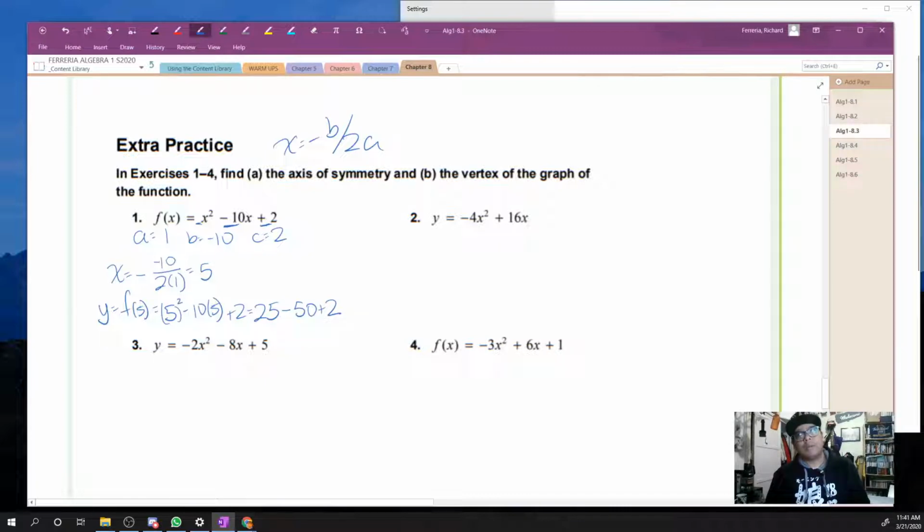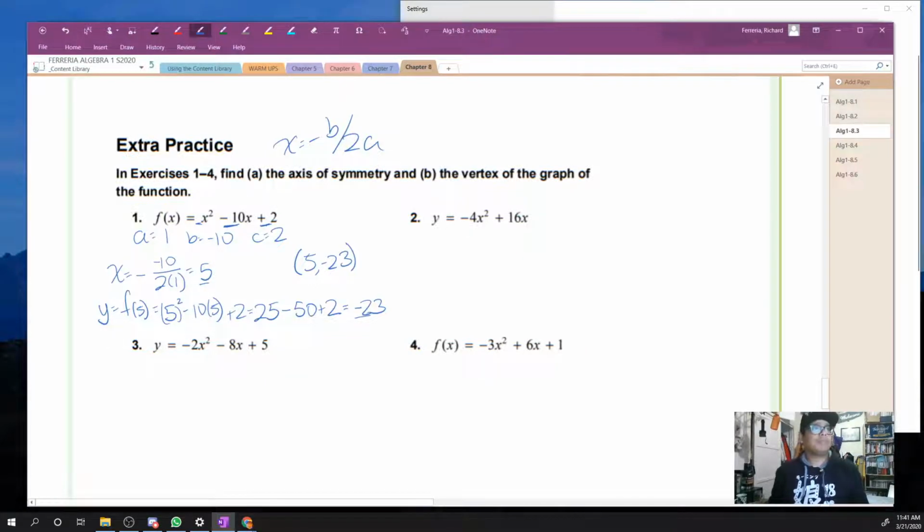Computer, how much is 25 minus 50 plus 2? 25 minus 50 plus 2 is minus 23. Okay, there is our x-coordinate here, our y-coordinate here. Our vertex is at 5, negative 23. I don't recommend you graph that on paper. It's going to be way, way, way at the bottom of your paper.